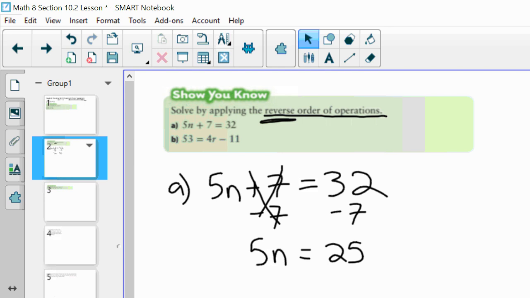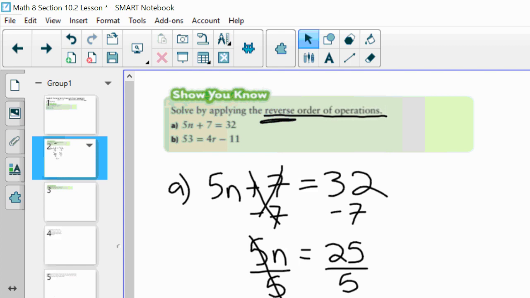Now that I'm not solving for a variable, I have to follow normal order of operations. So 5 times 5 is 25, plus 7 equals 32. Well, hey, 25 plus 7 is 32, which is equal to 32. So left side equals right side. Therefore, that's correct. 5 must be the solution.